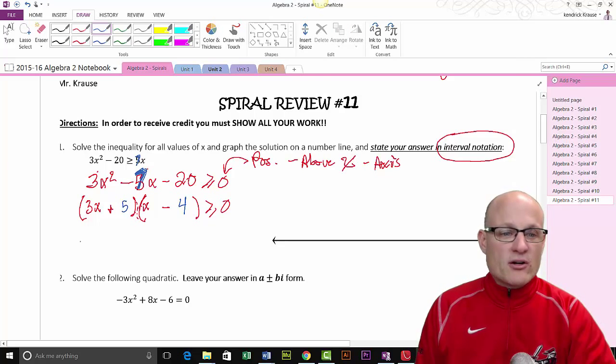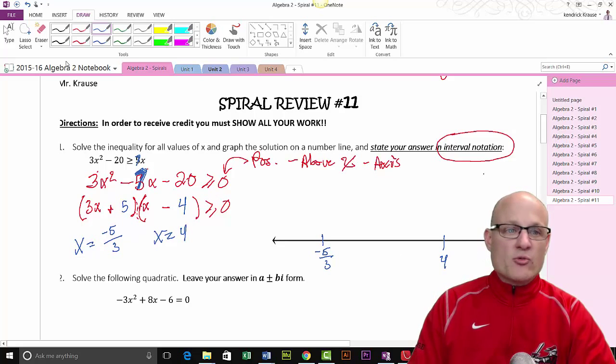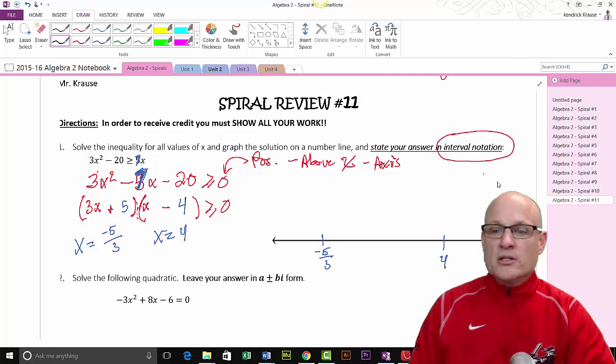Okay, so my two answers are x equals negative 5 over 3 and x equals positive 4. I come over to my number line, and negative 5 over 3 is somewhere around over here, and 4 is over here. So think about it this way: if you graph this on a pair of coordinate axes, with negative 5 over 3 here and 4 over here, it would look something like this.